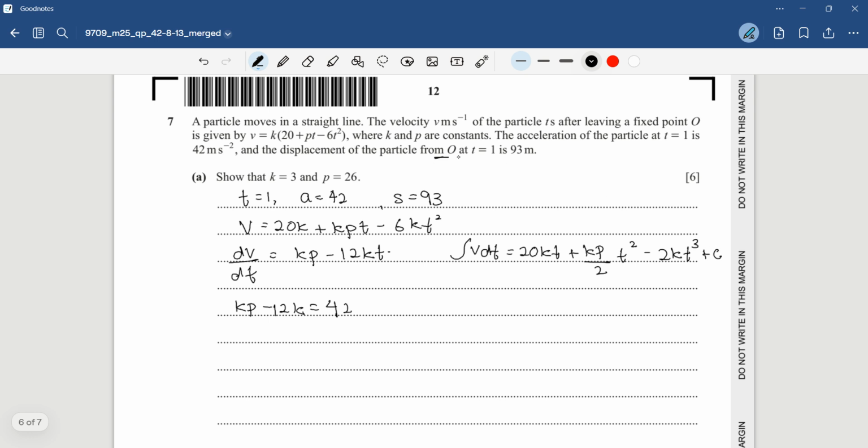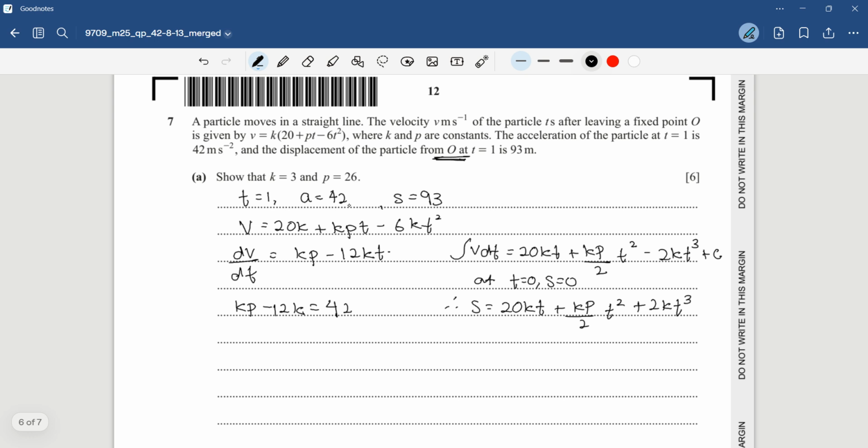Since it starts from O, at t equal to 0, s equal to 0, therefore s is equivalent to 20kt plus kp over 2 t squared plus 2kt cubed.